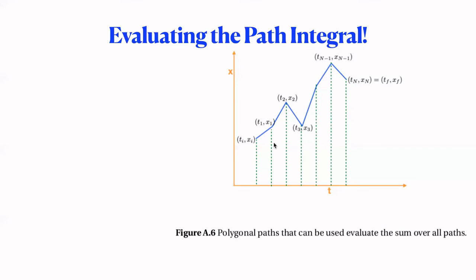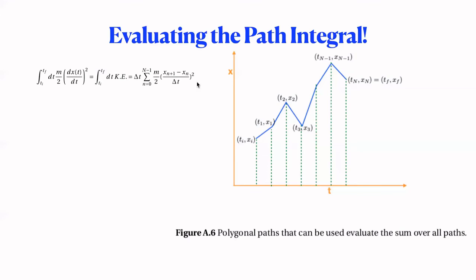So instead of considering a curved path, what I am imagining is straight line segments. From here to there, it follows simply this straight line. From there to there, it follows another straight line path, and so on. And if you thought of such a straight line path, you can actually write an approximate expression for the action. So that is the crux of it.